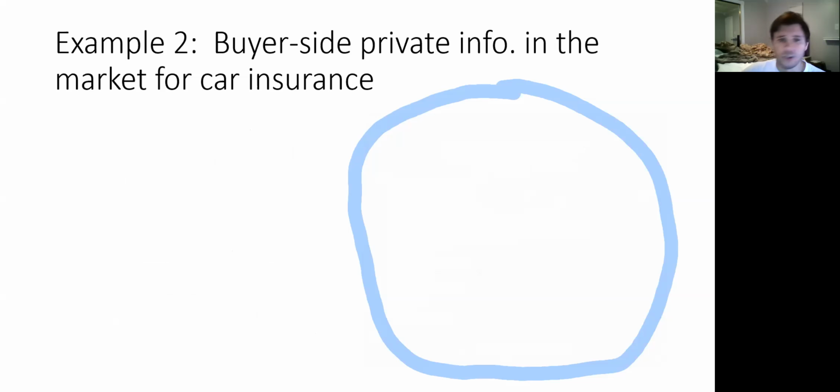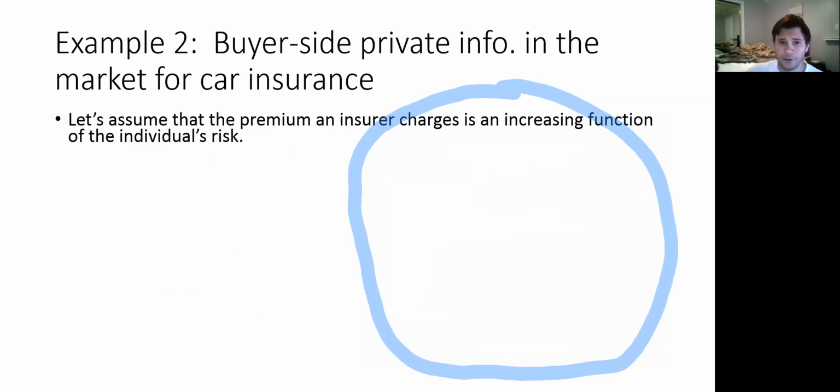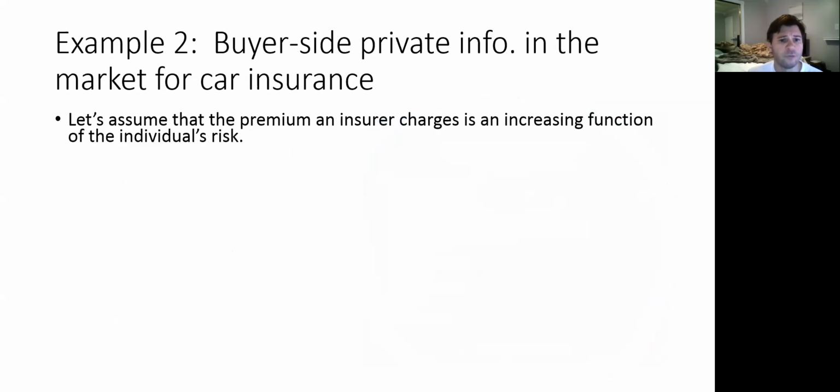Now, let's assume here for the moment, as we go into some more detail, that the premium an insurer charges is an increasing function of an individual's risk type. So if you're high risk and the insurance company knows that, they will try to charge you a higher premium because it will cost that insurance company more to pay out your coverage than a low risk person, who will be charged a lower premium according to a lower cost from the perspective of the insurance company.